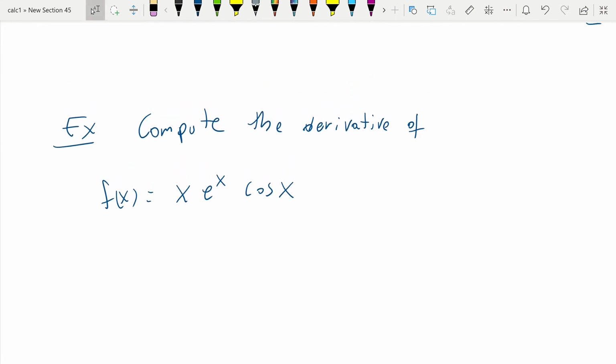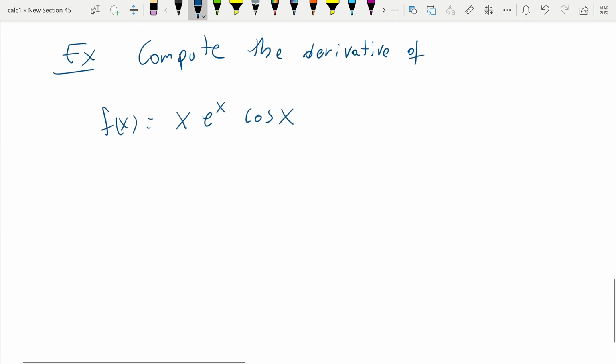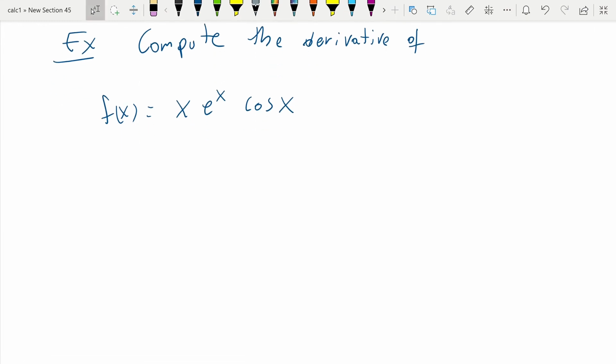Before, we could only compute the derivative of the product of the first two functions here, so x times e to the x. But now, since we already know the derivative of cosine, we can take the derivative of this product of three functions.